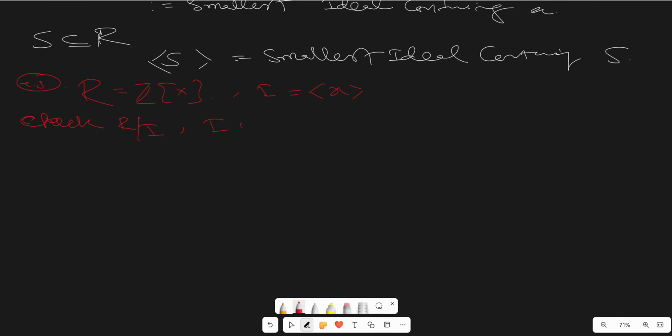And is I prime, maximal? You have to check. So your ring is the polynomial ring over the integers, and your I is the ideal generated by x. What can you expect from R mod I, that means Z[x] by the ideal generated by x? And what do you think about whether I is a prime ideal or a maximal ideal, or both prime and maximal? What can you say about that?